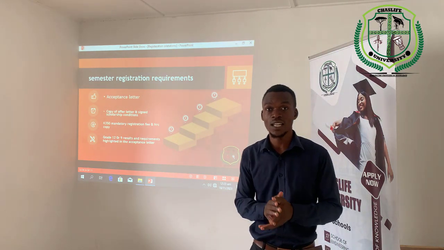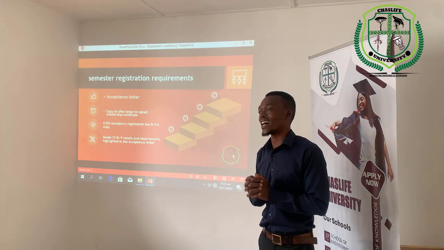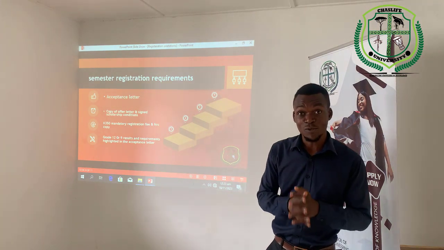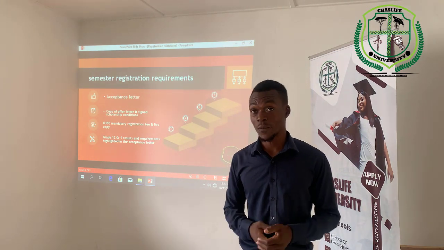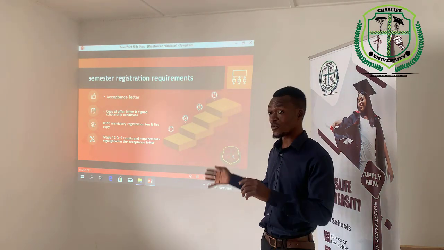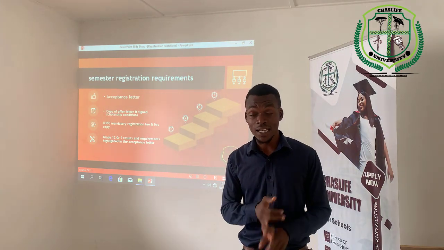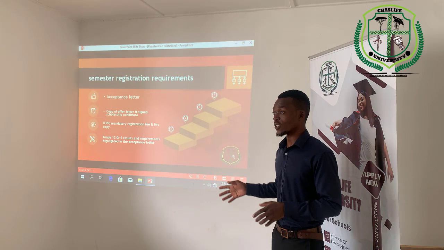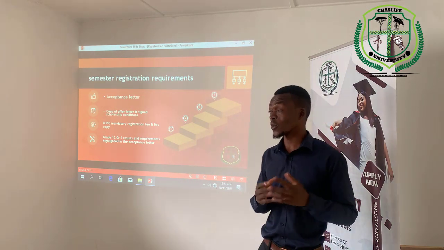This information applies to those that were awarded a scholarship. You need to ensure that you've gotten your offer letter at this point, and that it is signed by you as well as the sponsors that will sponsor you.